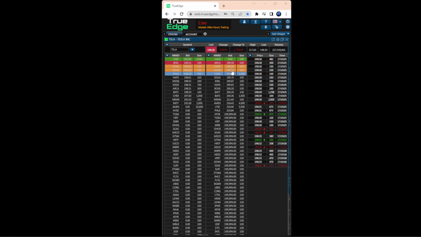So I place a bid that says I still want to buy at 198.59. So now my bid shows up over here where I'm waiting for someone to sell to me. In other words, if the price I want to buy at is under the current lowest offer, then I have to wait for someone to sell to me. Someone has to be willing to sell to me at that price.